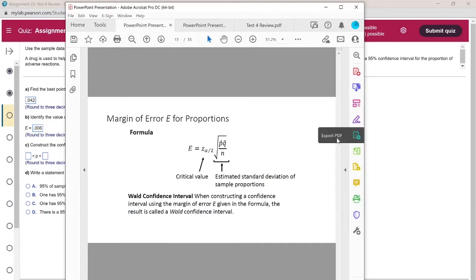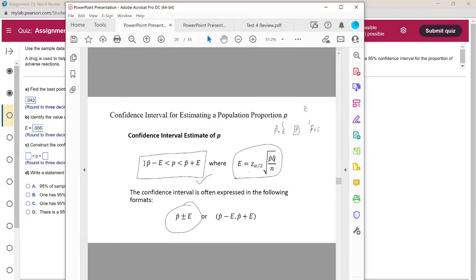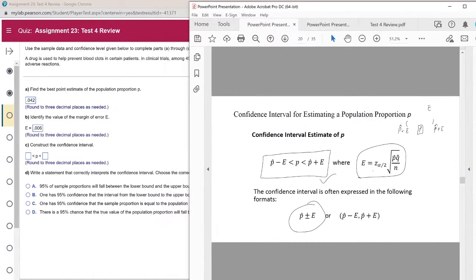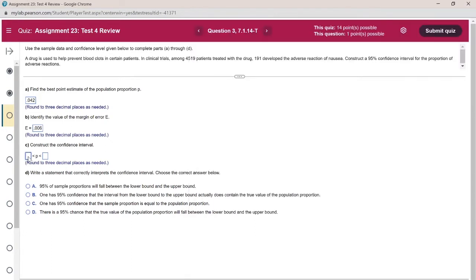We know the confidence interval is the sample proportion minus margin of error, sample proportion plus margin of error. So we have the margin of error 0.006 and sample proportion 0.042. We subtract the margin of error from the sample proportion, and that gives us the lower limit for this confidence interval, which is 0.036.